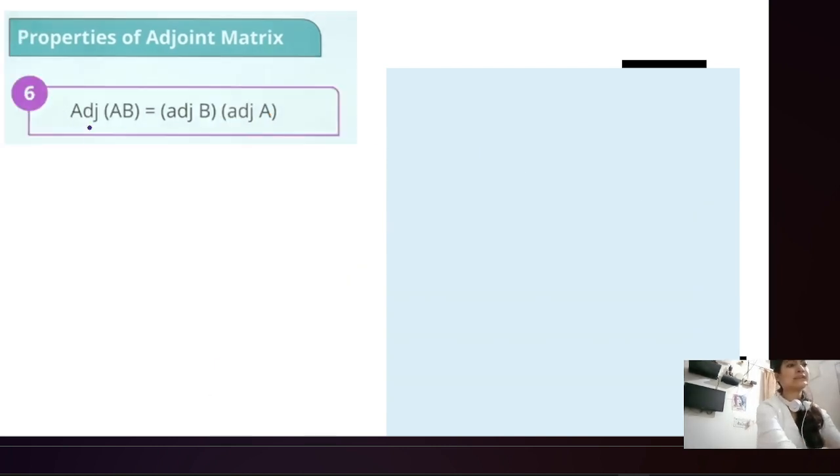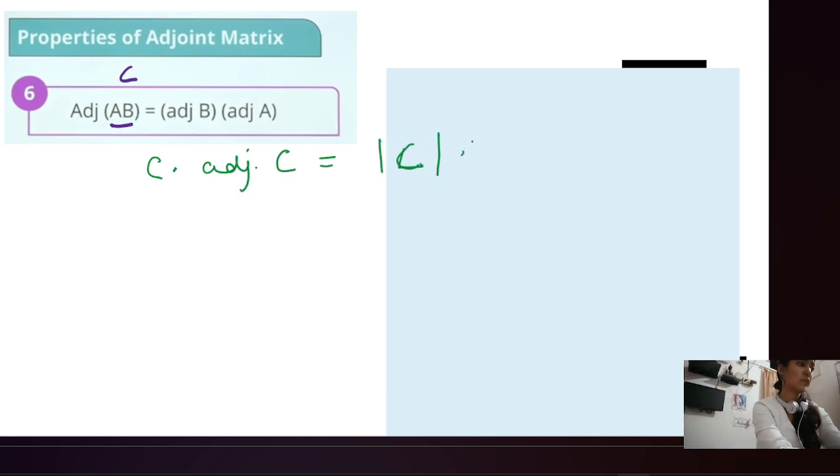Here it says adjoint of AB is equals to adjoint of B adjoint of A. So let us suppose AB is equals to C. Okay. So when we suppose C, we can use property one: C adjoint of C is equals to determinant of C I. Okay. So we can replace C with AB: AB adjoint of AB is equals to determinant of AB I. Okay.